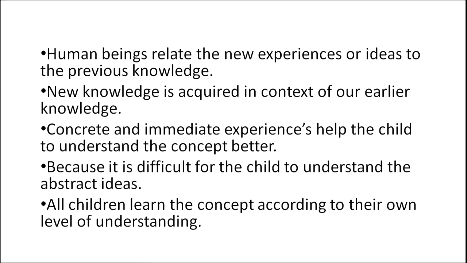It is very important that what we see, the learning becomes permanent, because for a child, it is very difficult to understand abstract ideas, and all children learn the concept according to their own level of understanding: what they see, what they understand from it, what they imbibe and absorb from it.